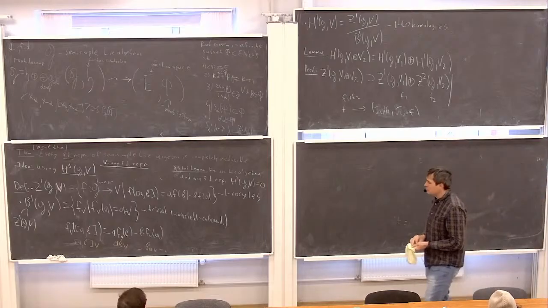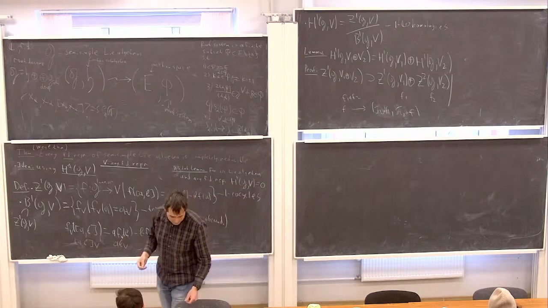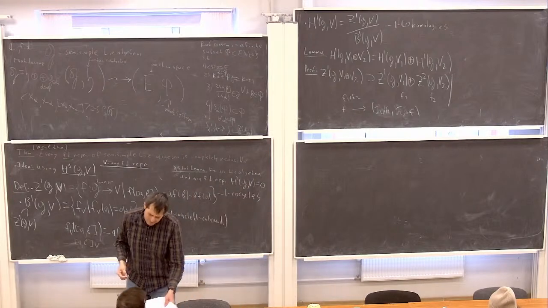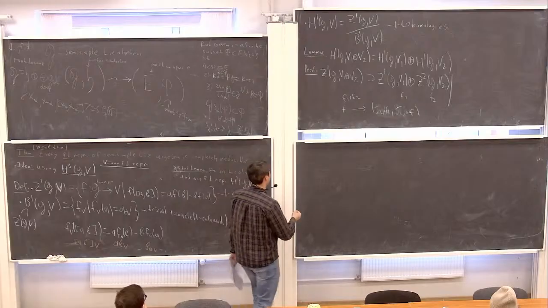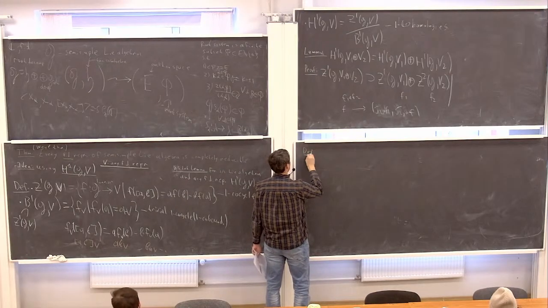In fact, in order to define the Casimir element in a good way, we need the universal enveloping algebra, but in a bad way, we can do the following. Definition, proposition.